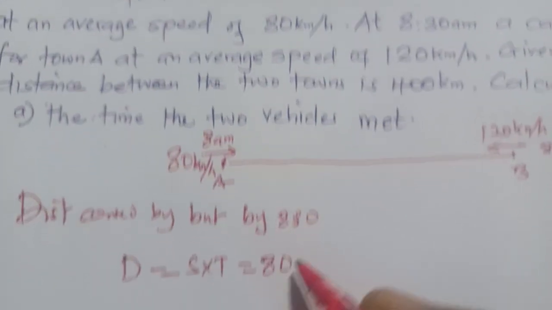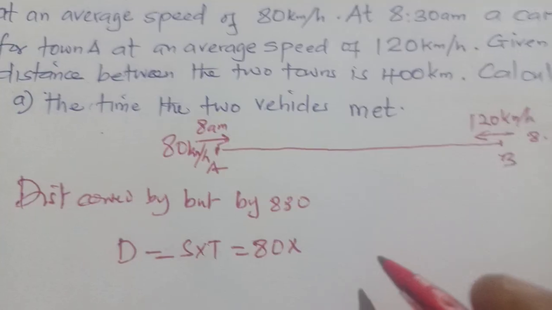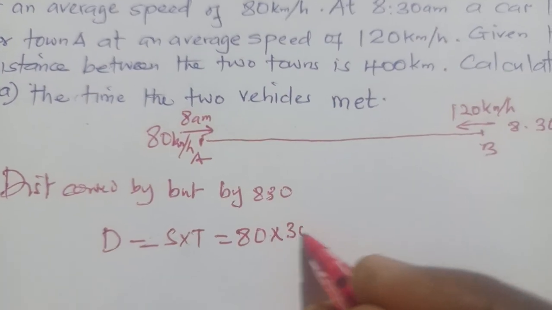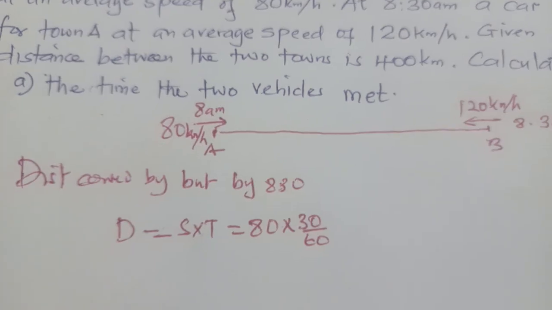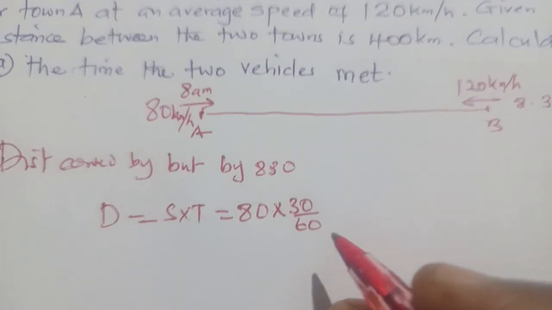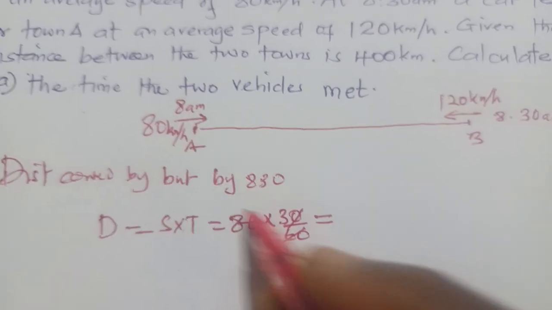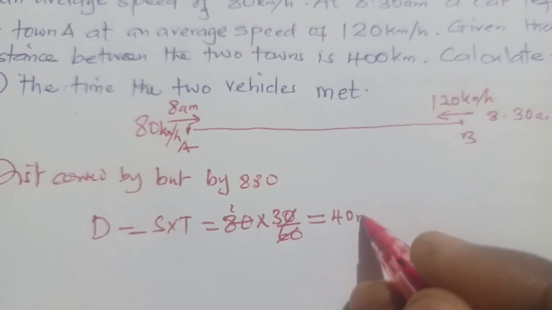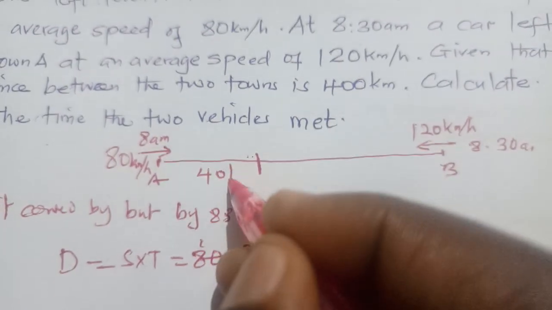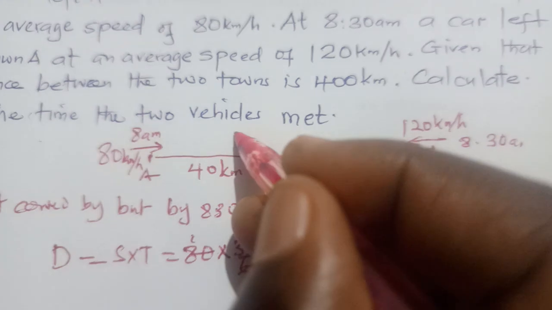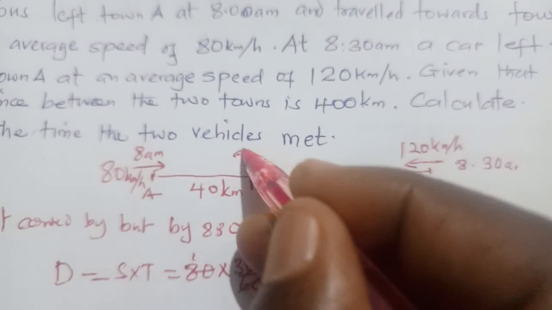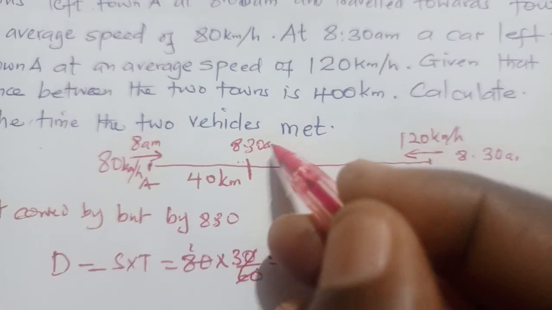So the speed is 80 kilometers per hour, and the time is 30 minutes, which is 30 over 60. We have to convert it into hours because we are multiplying by 80 kilometers per hour. So that is half an hour, and that gives you 40 kilometers. So you can indicate here that 40 kilometers shall have been covered by the bus at 8:30 a.m.